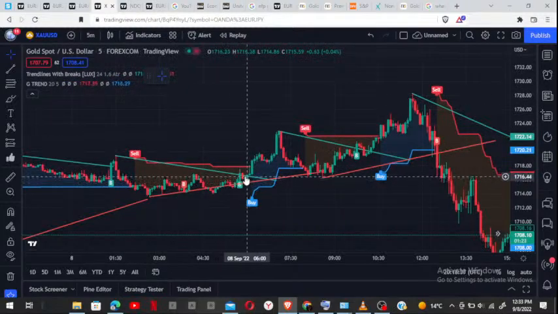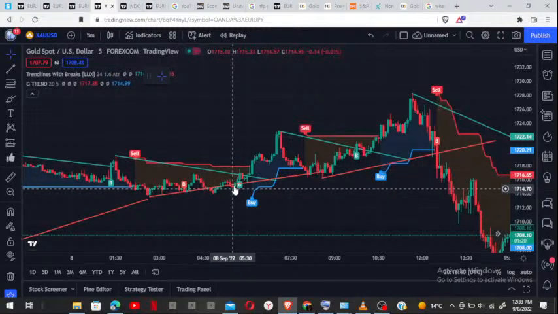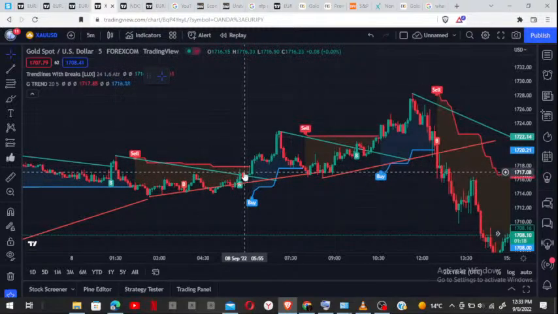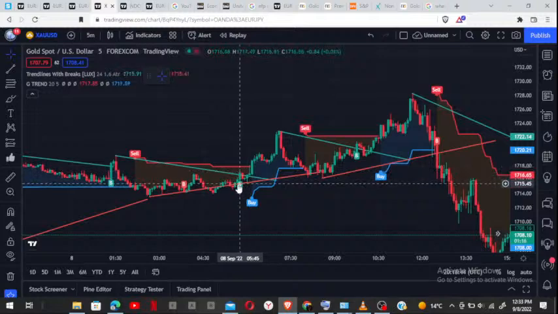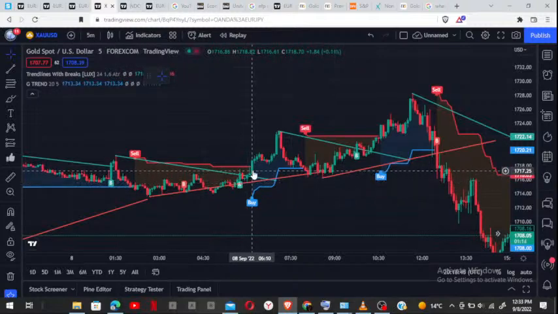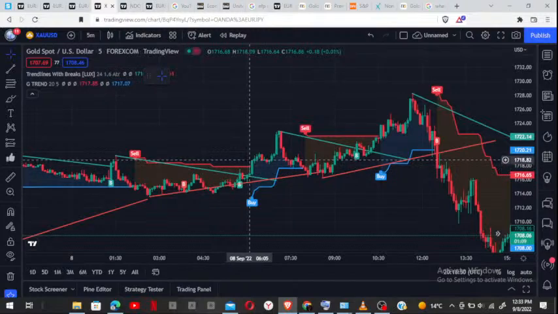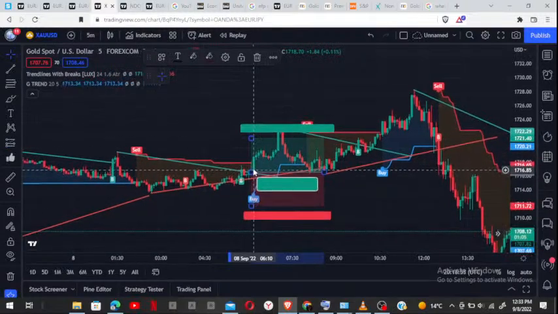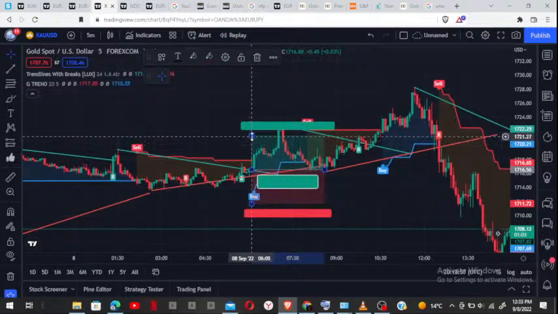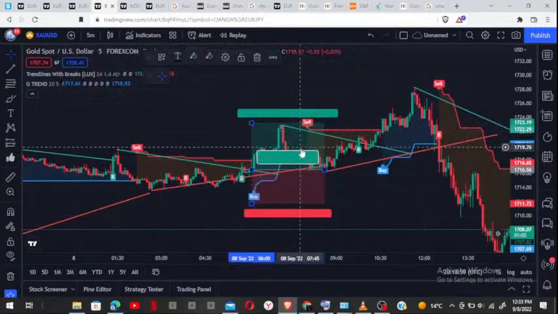If you are trading this market over here, you would have taken a buy position around this area, and you can see it gives you a B. So you can enter the market and you would have made a profit from this point over here to this point over here, let's say.